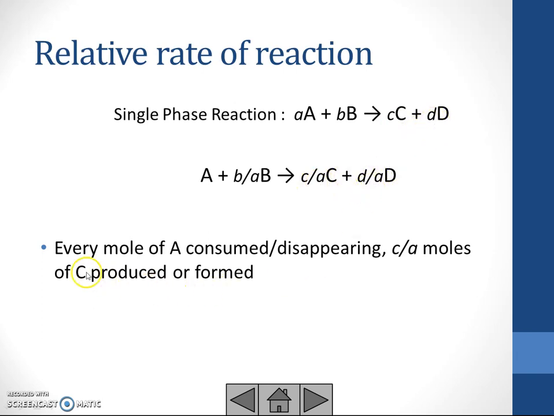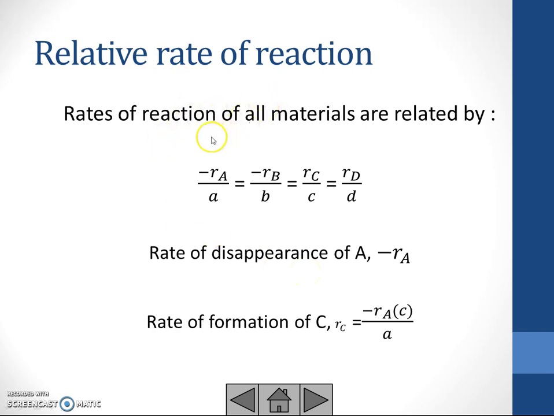It means that for every mole of A consumed or disappearing, 100% of A is consumed. For c over a, moles of C are produced or formed. The same goes for this: for every mole of A consumed, d over a moles of D are produced. Then we'll see how they relate to each other. So this is the relative rate of reaction.